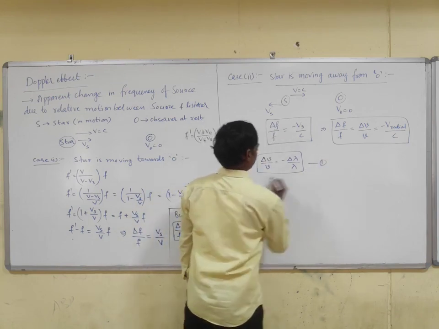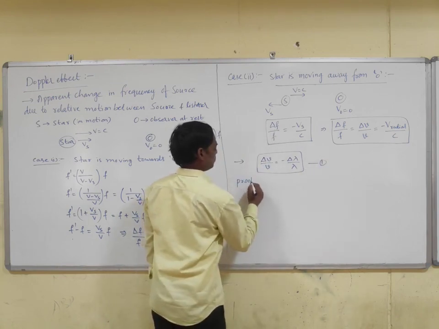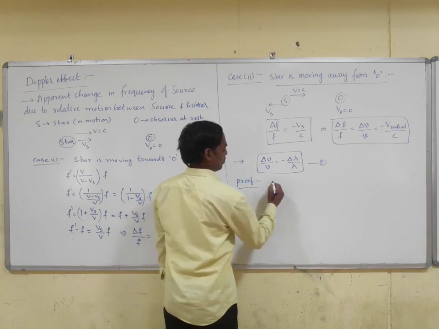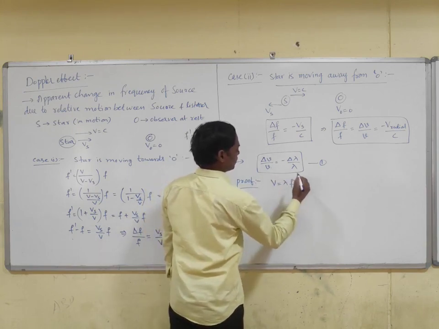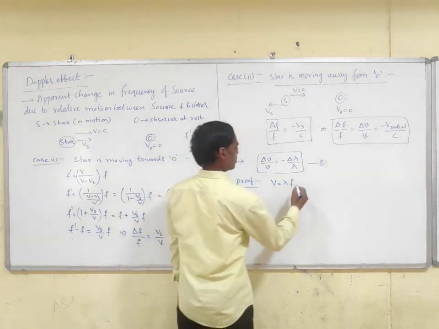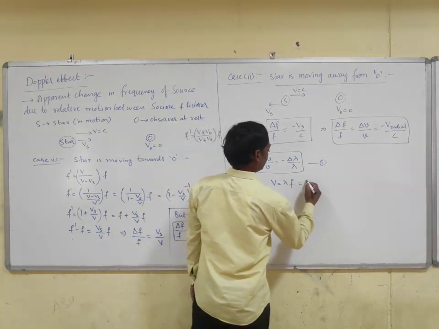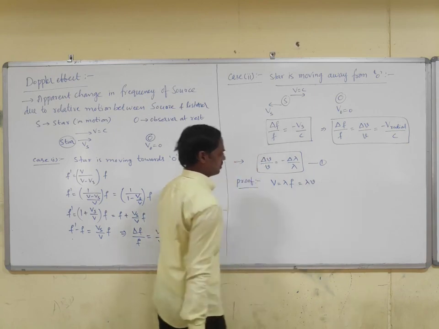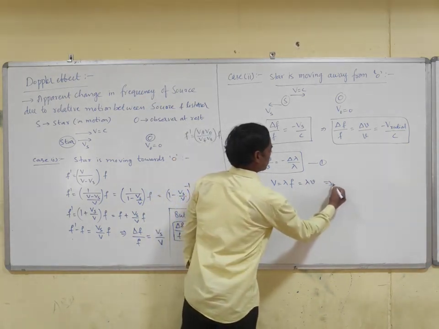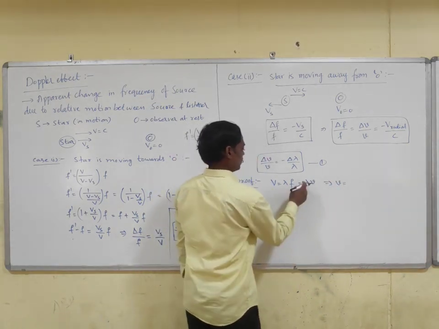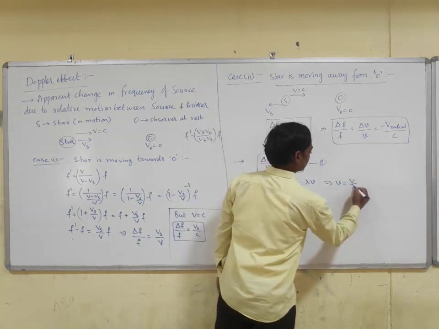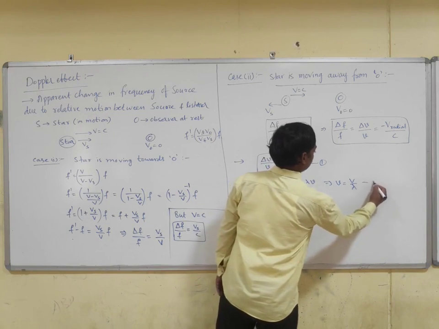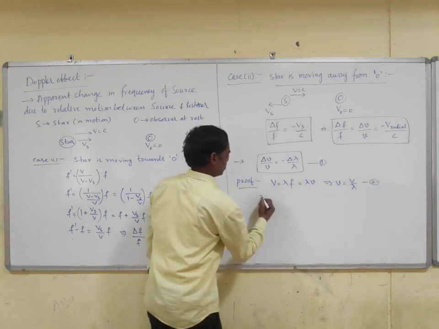Let us prove this. Proof. We know that V is equal to lambda into f, frequency, or lambda into nu. Let us take nu equals V divided by lambda. Substitute 2 in 1.